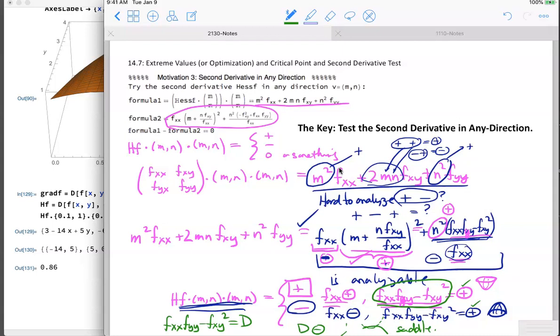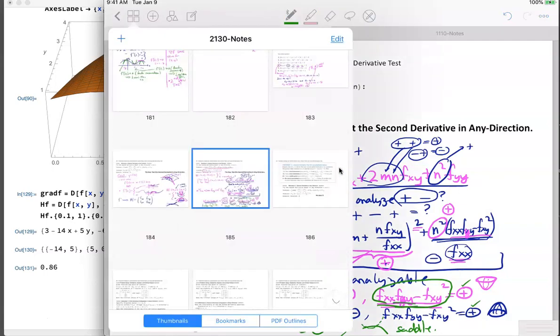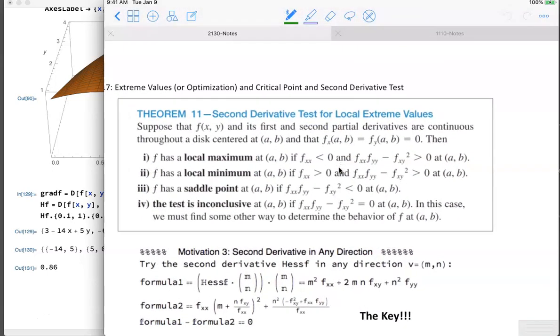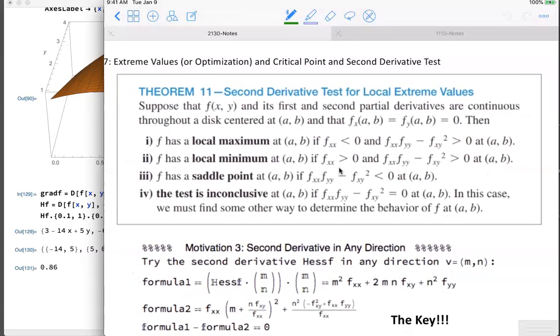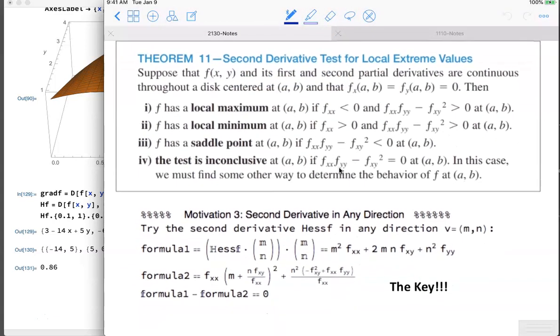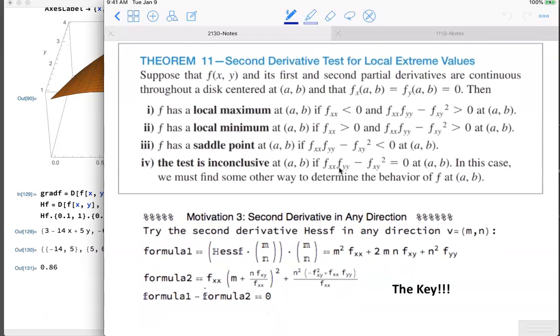It's not just whether or not one of the partial derivatives is positive or negative, but it relies on a particular combination of partial derivatives. And that's what we can see here in the chart from the textbook. It just comes down to an analysis of this equation.